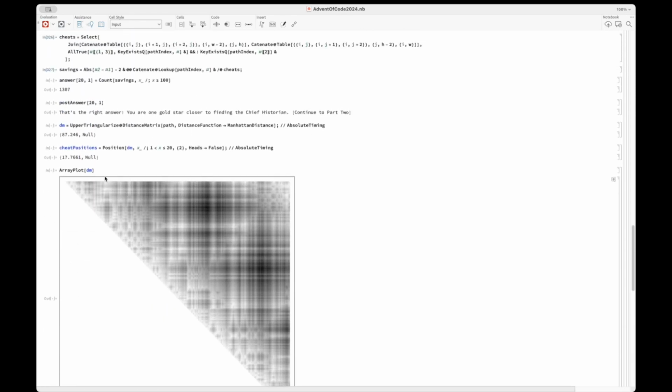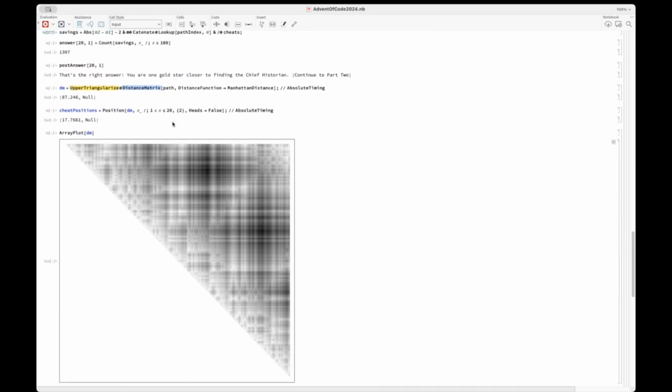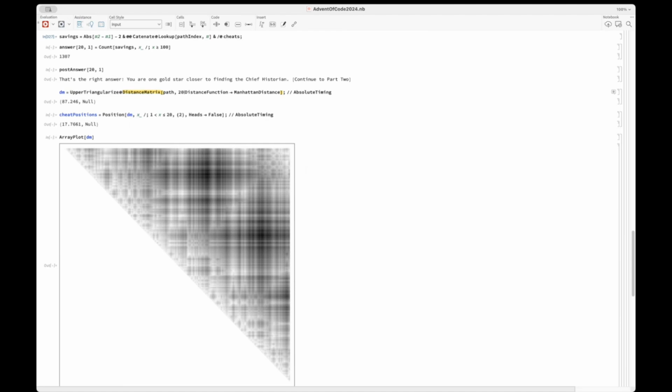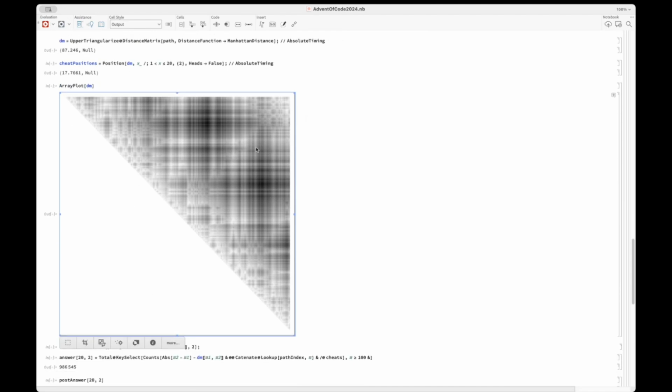So it's a good suggestion for Wolfram Research, I guess, to implement this maximum distance cut for the distance matrix. I could have solved it like this then: okay, I don't want all the distances larger than 20. It's going to run much faster and make a sparse array of distances.